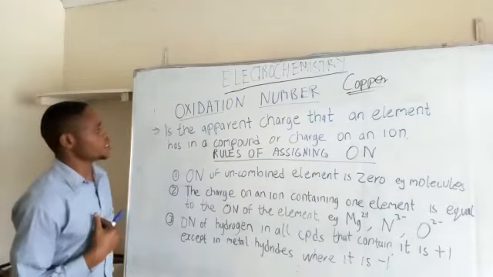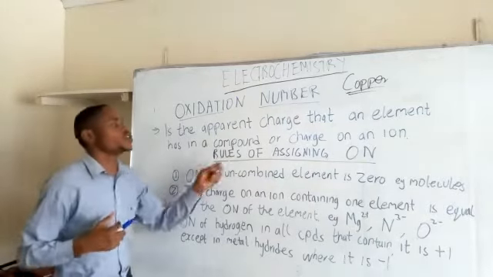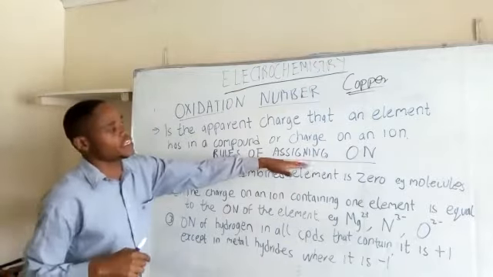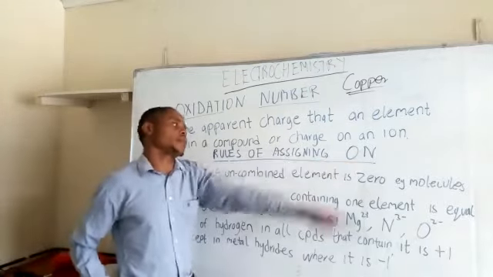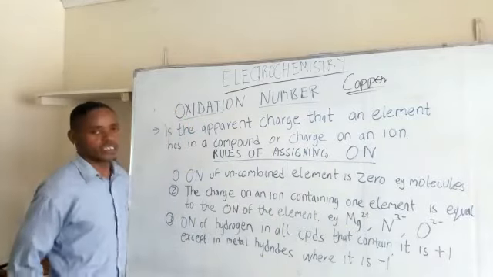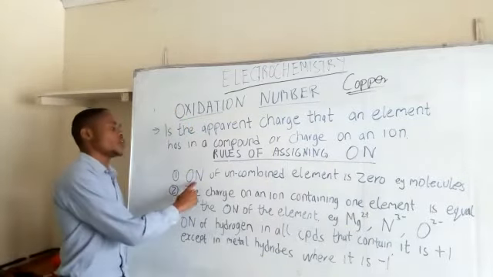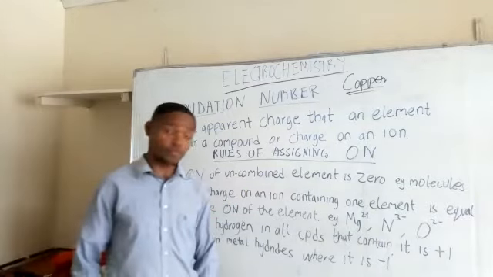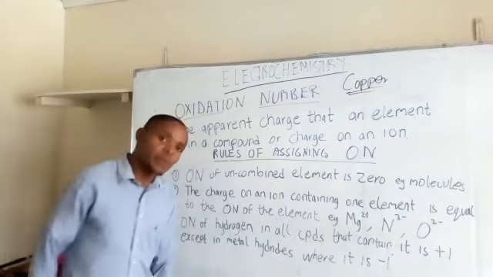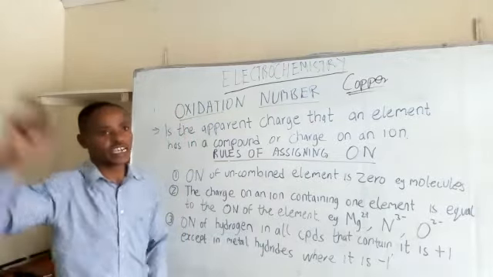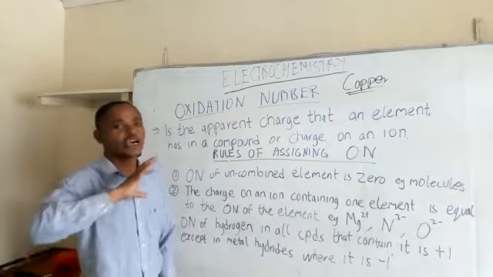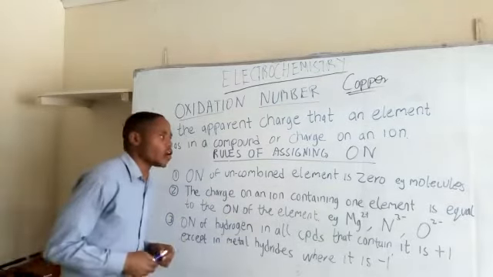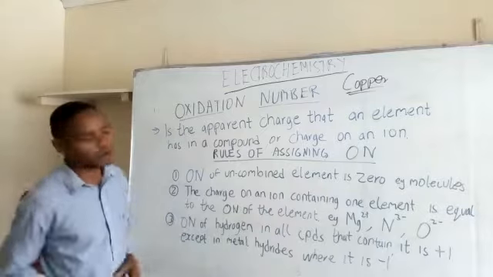It is therefore important for us to know some of the rules that are used in assigning the oxidation number. The first rule says the oxidation number of an uncombined element is always 0. If you're given any compound and it has no charge, it is not an ion, it is not a radical, then the oxidation number of that element or compound is 0.